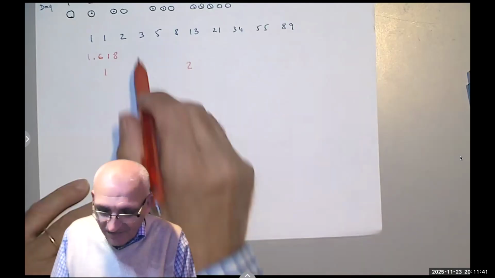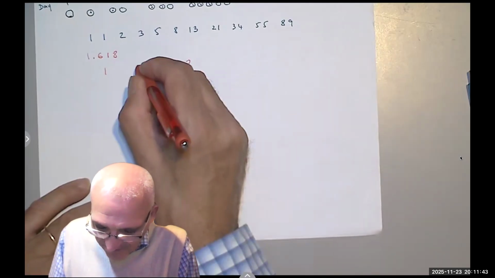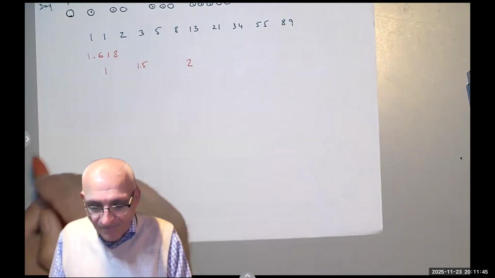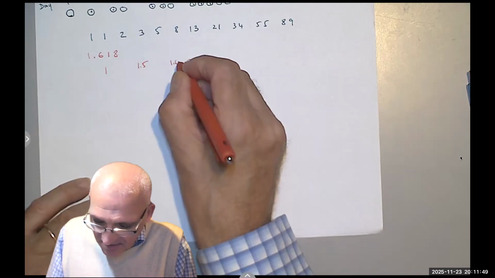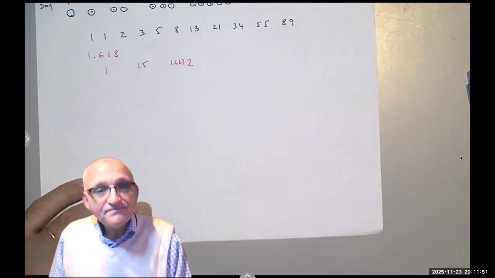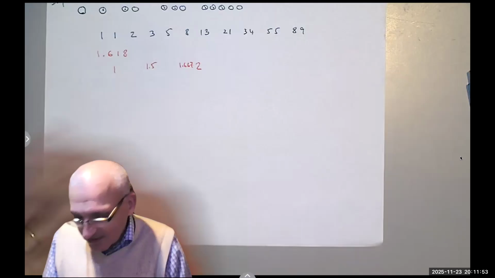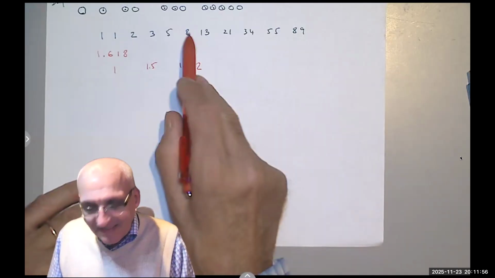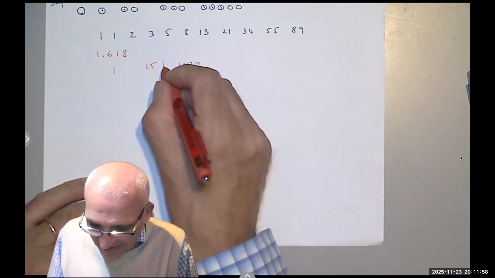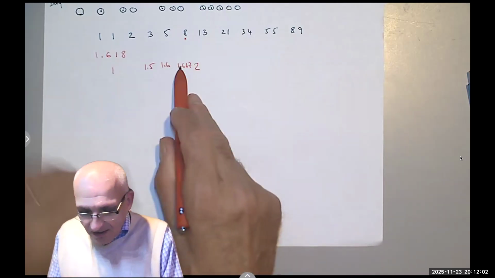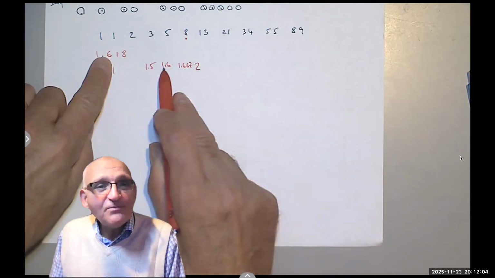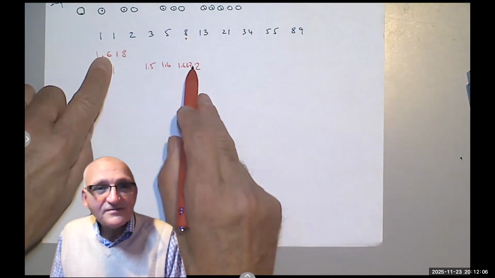So for example, you divide 3 by 2, you get 1.5 midway. You divide 5 by 3, you get 1.6667, right? Then you divide 8 by 5, you get 1.6. You see, after we reach the point 8, we are at 1 point something between 1.6 and 1.67.